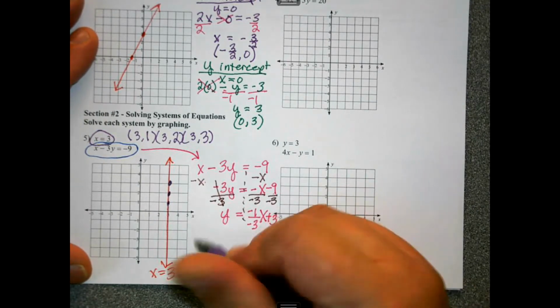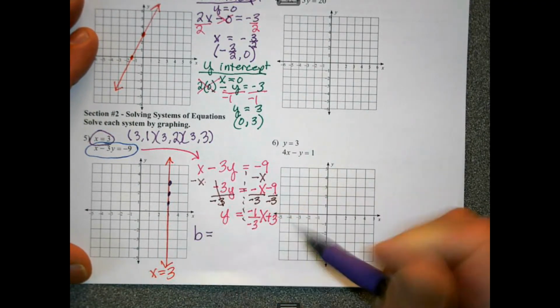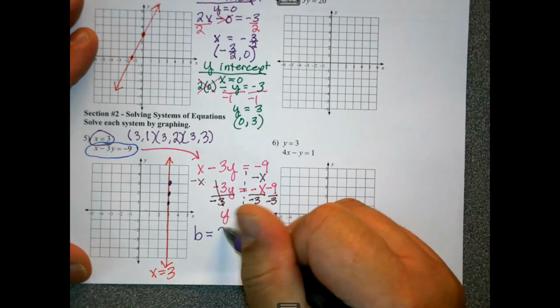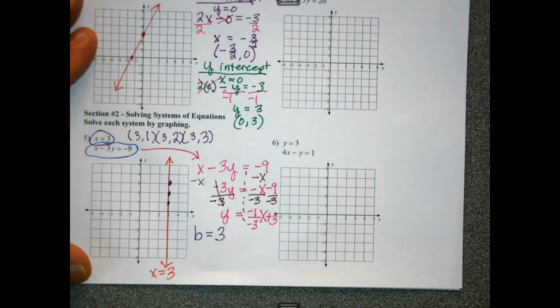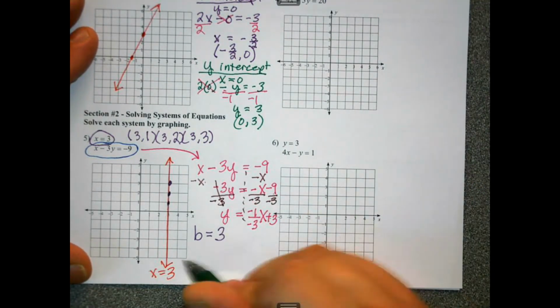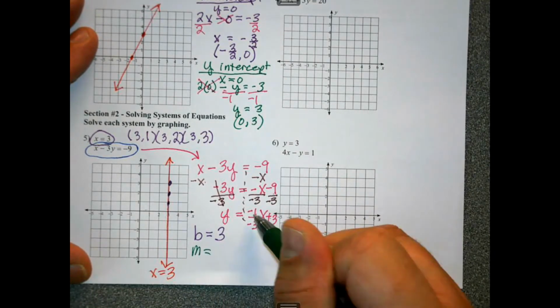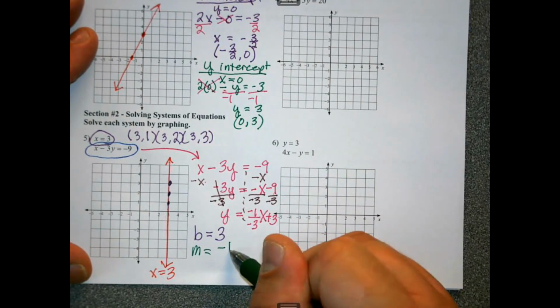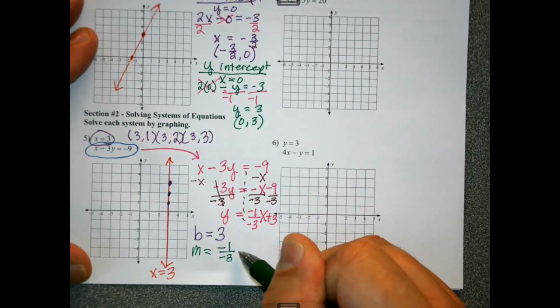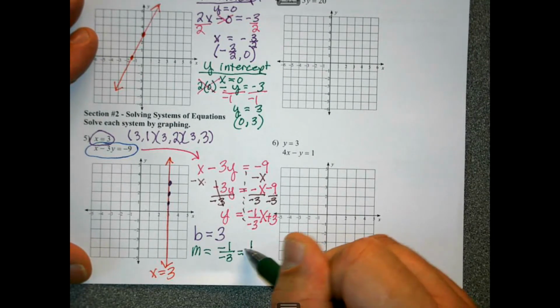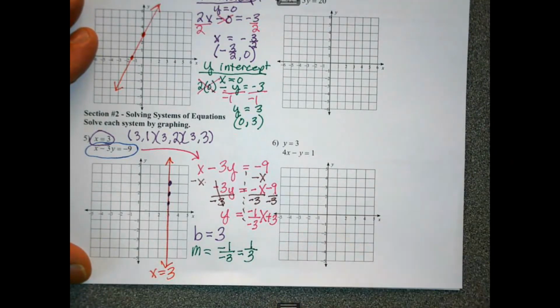Okay. My y-intercept then is positive 3. My slope is the negative 1 over negative 3, or positive 1 over positive 3.